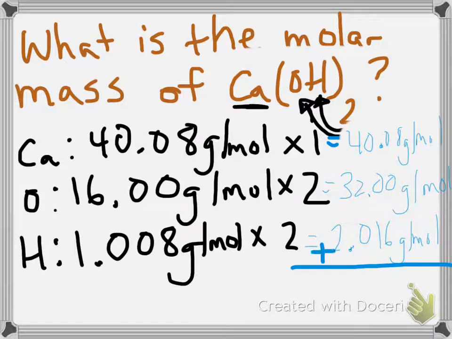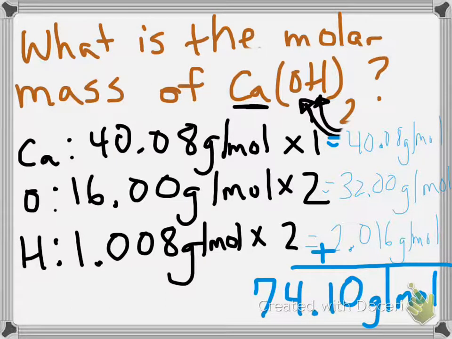Then we add all of these numbers together, and we would get 74.10 grams per mole. So if we have 6.02 times 10 to the 23rd molecules of calcium hydroxide, that would have a mass of 74.10 grams.